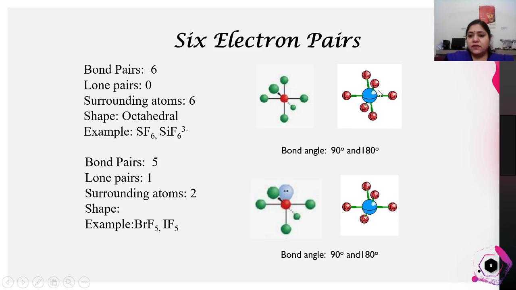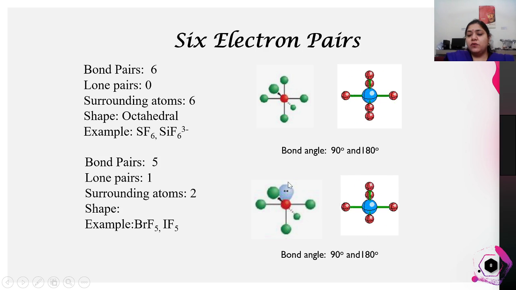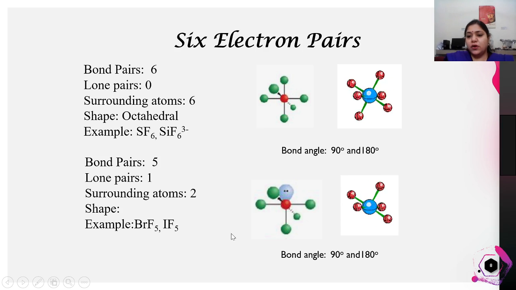This one is octahedral, in which you can see that 2 bond pairs are in a different plane and 4 bond pairs are in the same plane. Here one is in a different plane and 4 are in the same plane. In this case also, as the lone pair is present in a different plane, it will not affect the bond angle.